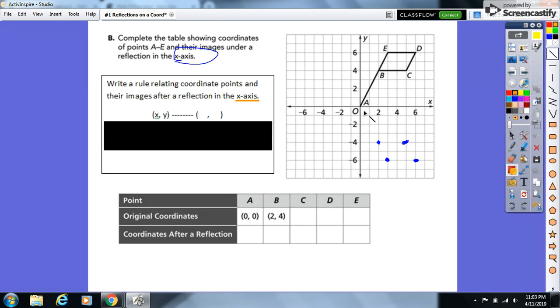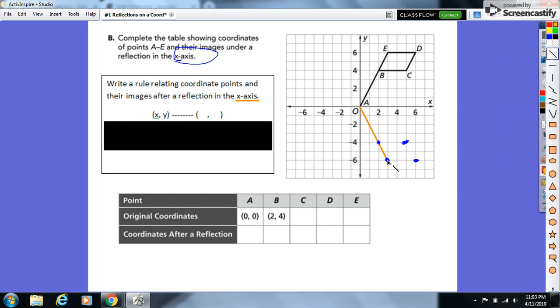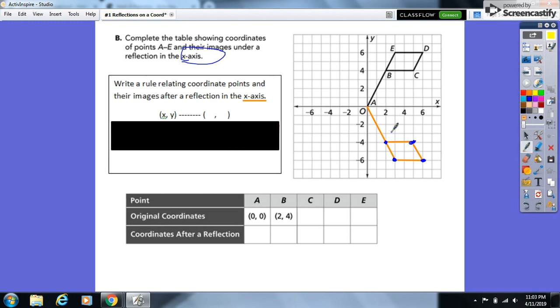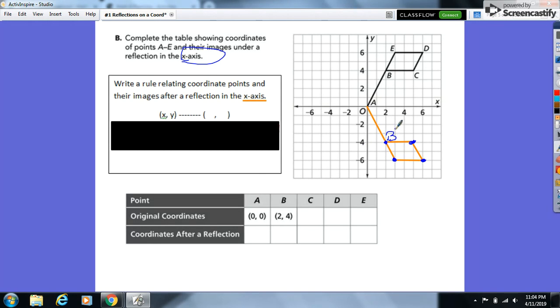So I'll come over here and get my cheating tool. And when I connect my points, I'm going to have that mirror image or reflection of that flag. Make sure you go back and label your points. B prime, C prime, D prime, and A prime.